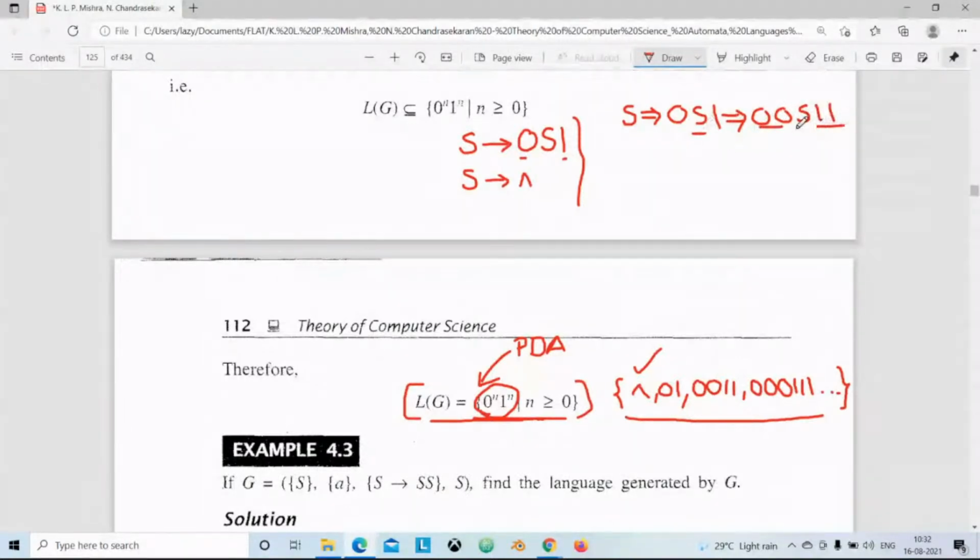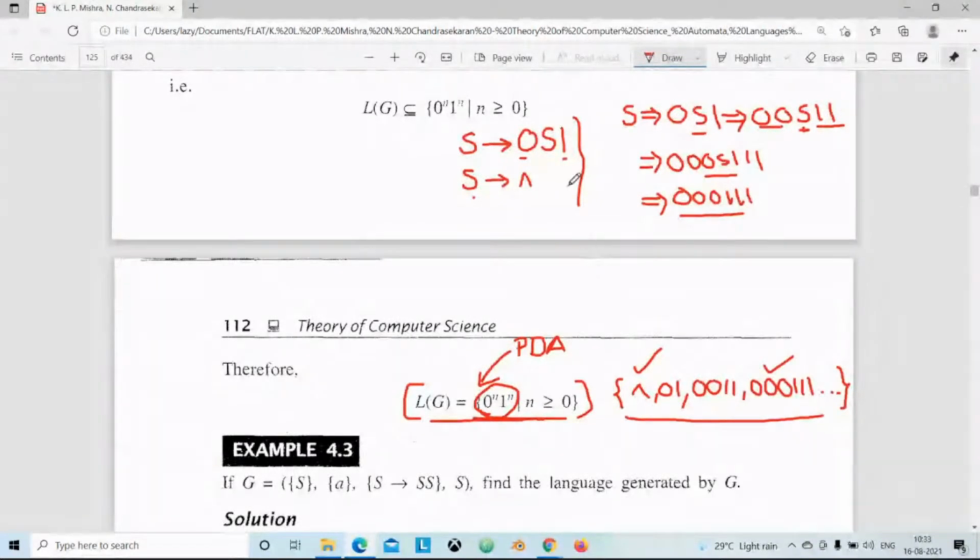Each time you do that, there will always be an equal number of zeros and ones. So S is replaced again by 0 S 1, giving 0 0 S 1 1. This S we replace by 0 S 1 here. In order to get the sentence, at last we apply S tends to empty. So we get 000111, let's suppose. This is part of the language. Like that you can generate and do it.